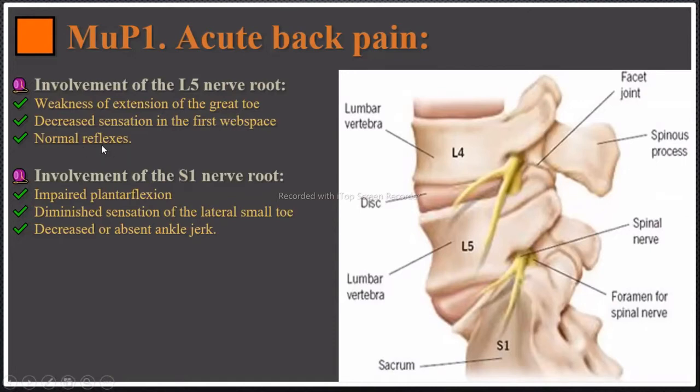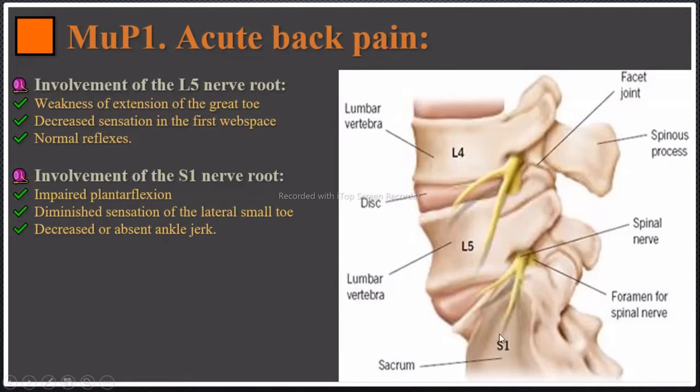What about reflexes? Normal. So if you find the reflexes normal in the scenario, it means lumbar 5. If you find decreased or absent ankle jerk, it means S1. So again, big toe means L5. L4, L5, so it means nerve root L5.